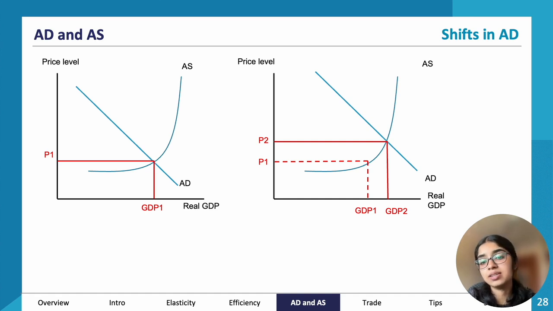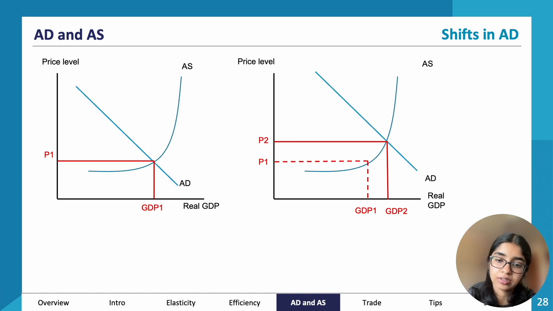So it's basically telling us that overall there's been an increase in the level of aggregate demand. Things that could have potentially caused an increase in aggregate demand are lower taxes and lower interest rates, potentially because people are more likely to be able to get loans and buy more things. Those two are definitely really big causes of shifts in aggregate demand.